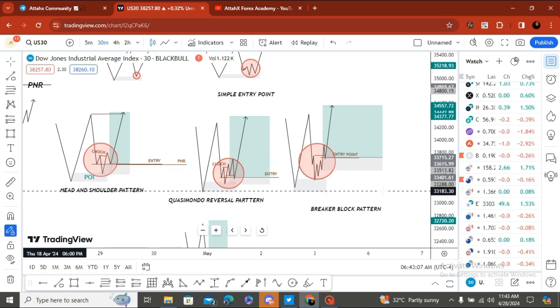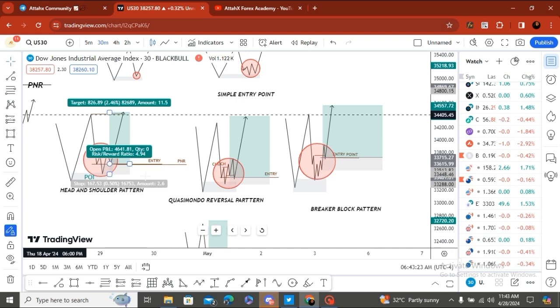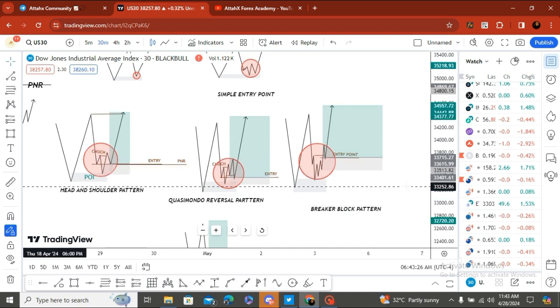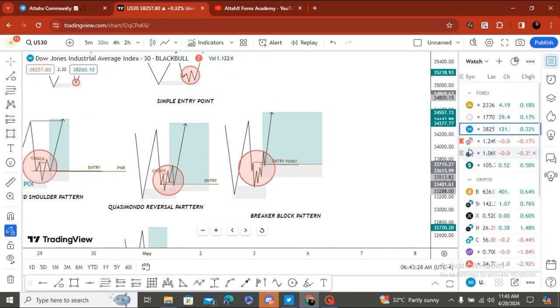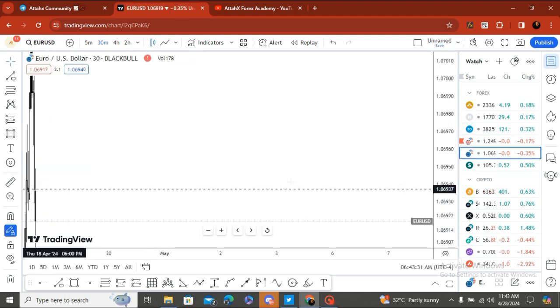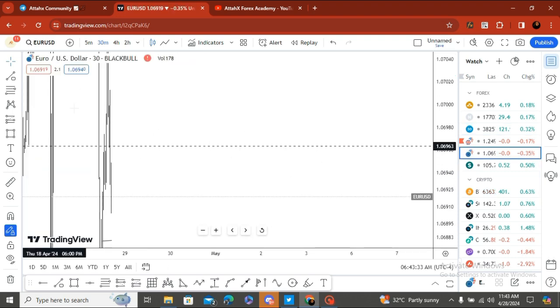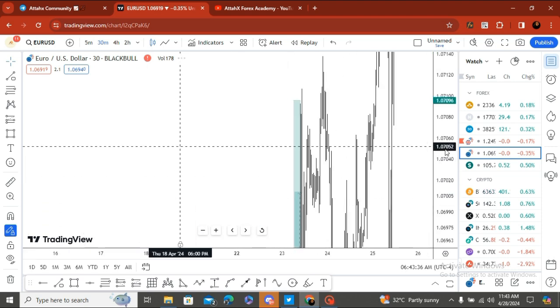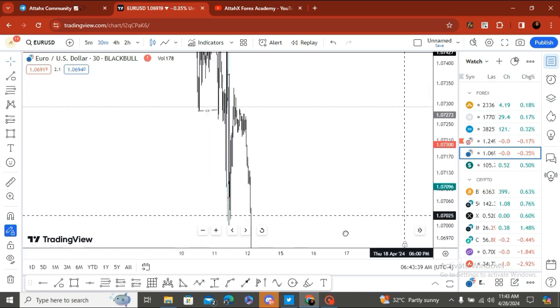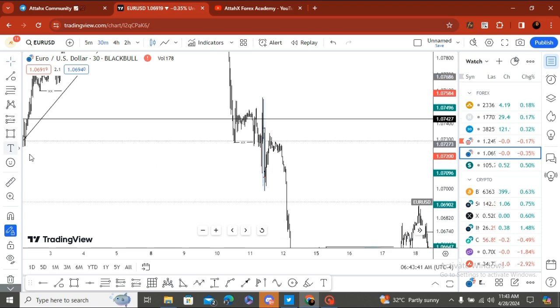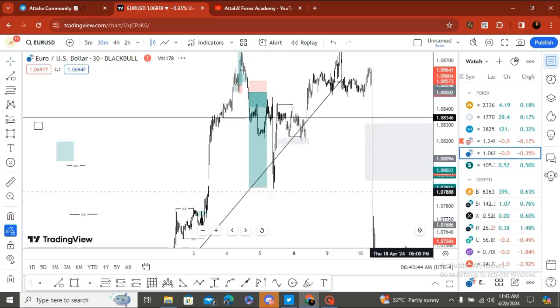So let's go over to the chart, and I'll be giving you some examples and some trades that I caught live on Telegram with my students, and I'll be showing you an example of how this trade pattern works, right? So over to EURUSD, using the simple entry point pattern. I want to show you a scenario of where I caught it live on Telegram.